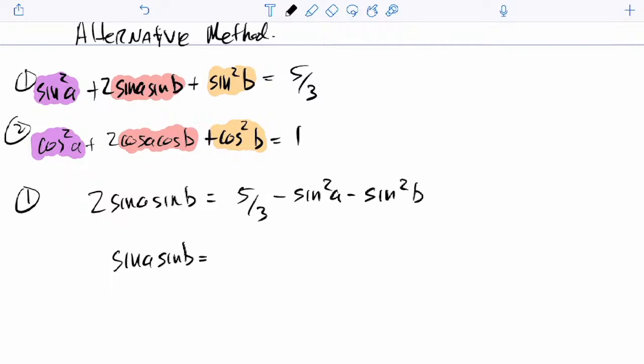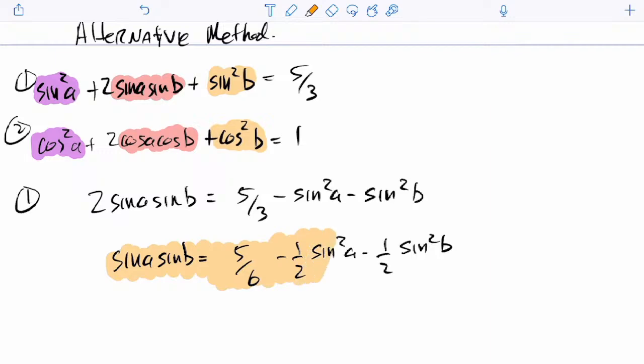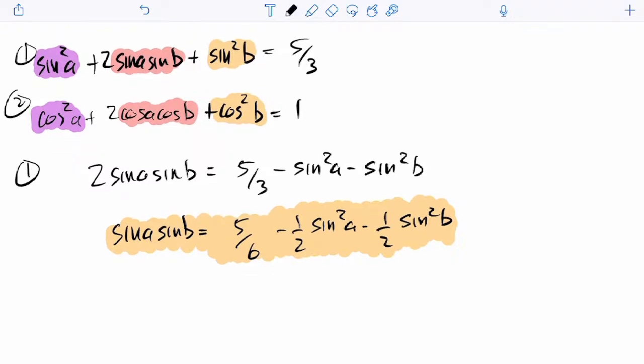If I divide across by 2, we get 5/6 minus 1/2 sine squared A minus 1/2 sine squared B. The only issue is that the Pythagorean identity, cos squared A plus sine squared A, doesn't kick in till the very end, so you're kind of stuck with having the variables kicking around right to the very end. A cos of B.